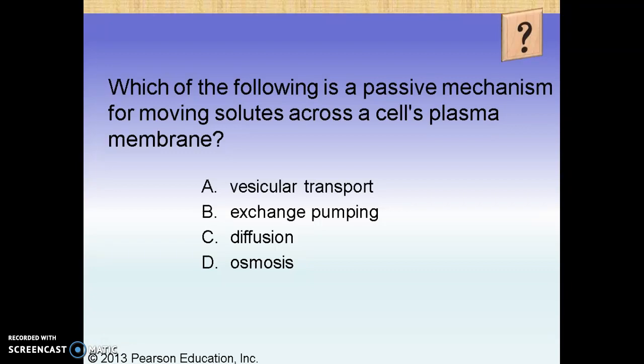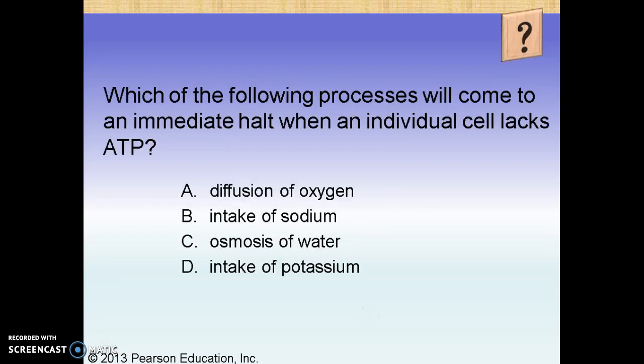Passive means no ATP. And that would be diffusion. Osmosis is the movement of water only, not solutes. Which of the following processes will come to an immediate halt when an individual lacks ATP? Intake of potassium. ATP is required for the sodium-potassium pump.